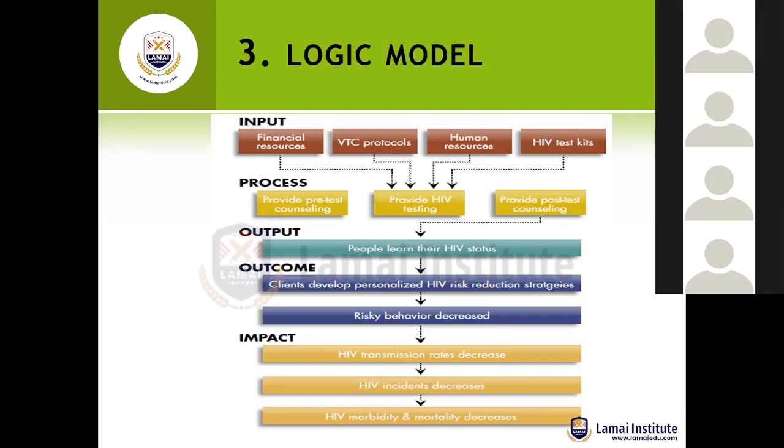And then the impact will be that HIV transmission rates will reduce, the HIV incidence will drastically decrease, and the HIV morbidity and mortality rates will also decrease as expected.